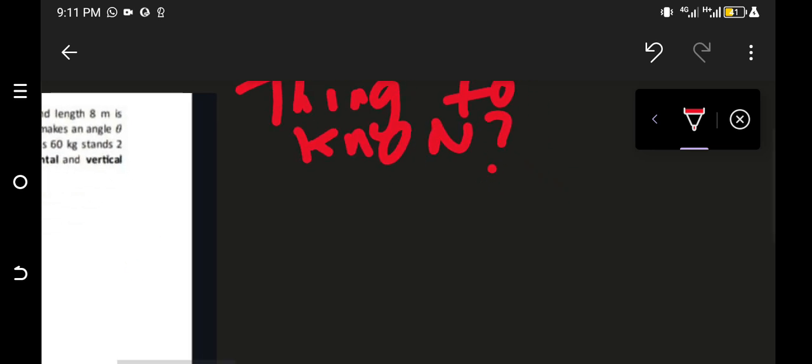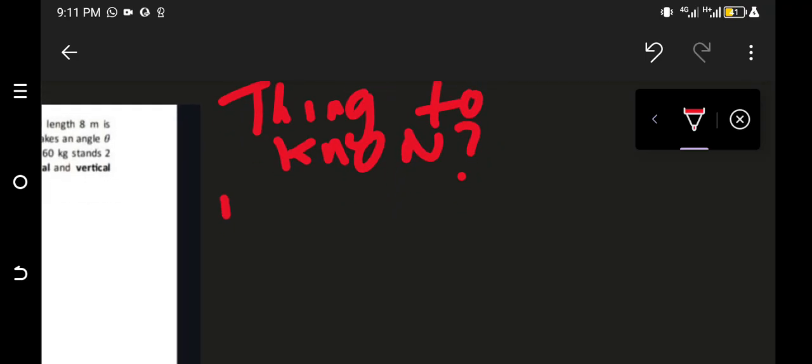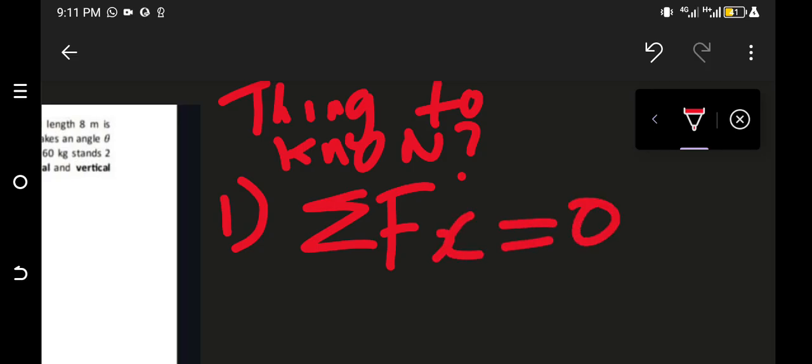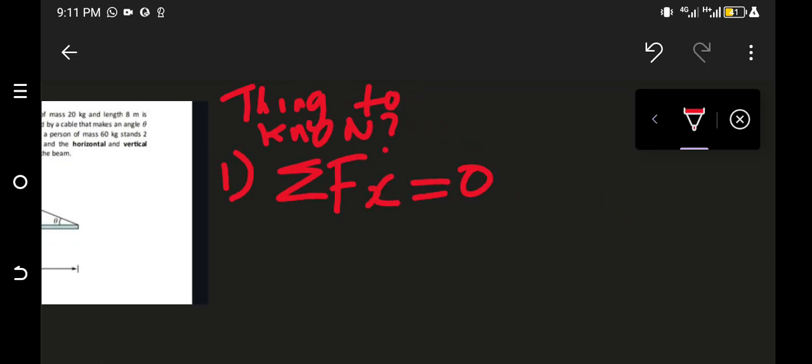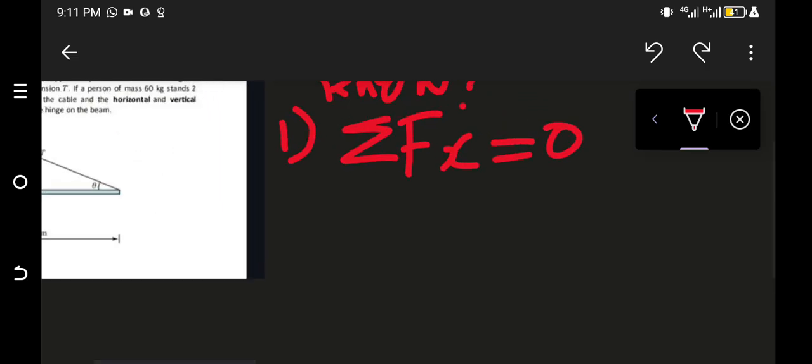For an object to be in equilibrium, the first condition which has to be met is the sum of the forces on the x-axis should be equal to 0. So the sum in the x, either left or right, should be equal to 0. They have to be balanced. So that's the first law.